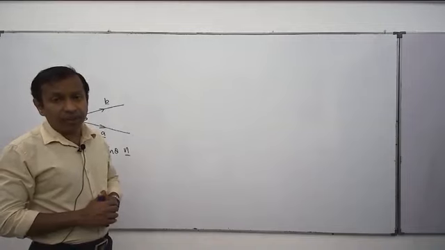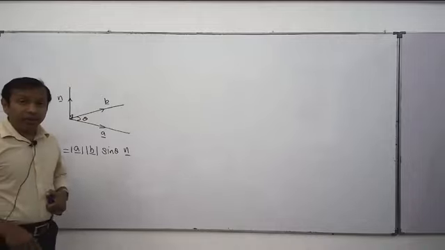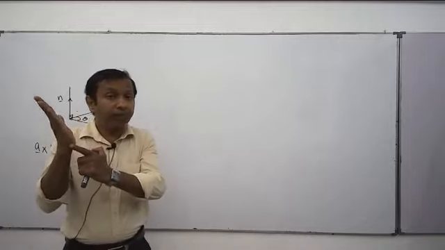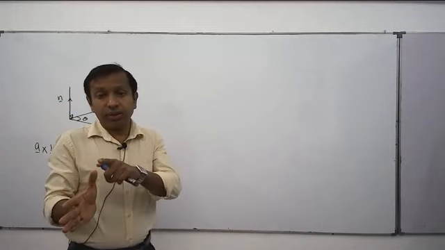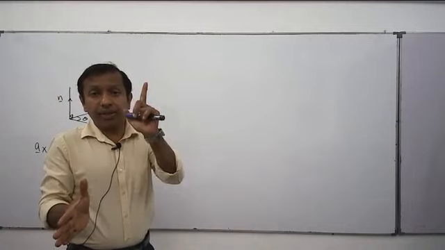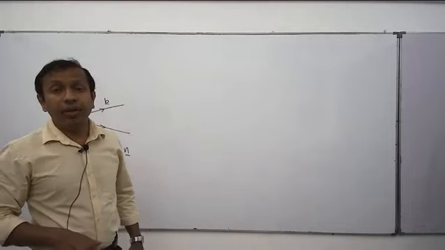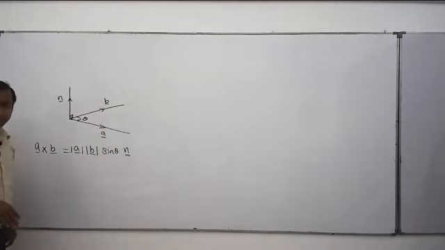When we consider A cross B, the left hand side first vector is A, then this edge we have to put on the vector A. So then this thumb points to a particular direction, right? That direction is the direction of this unit vector n, right?